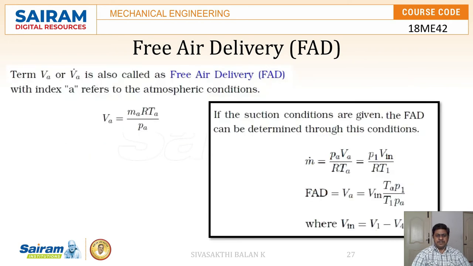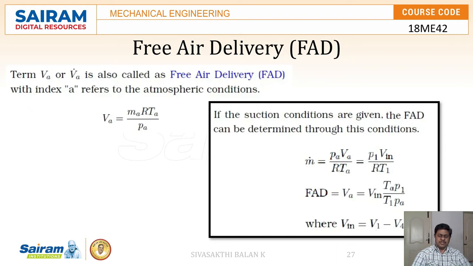To derive it, let VA or VA dash represent the free air delivery, FAD. The index A refers to the atmospheric condition. So VA is equal to MA RTA divided by PA.